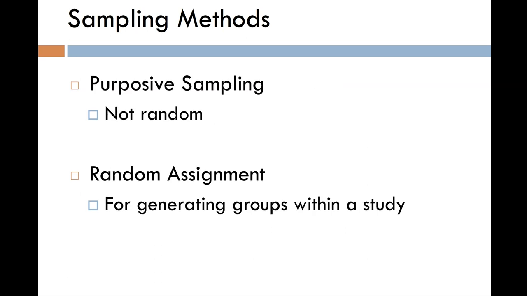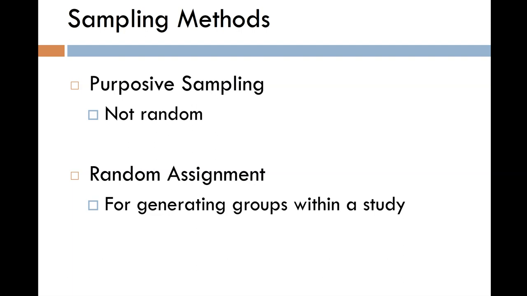So the last 2 things we're going to talk about, number 1 is purposive sampling, which is not randomized. So this is what we were talking about when we were talking about qualitative research, right? So this is where you want to study 10 adults with autism and what it's like to have autism and to be a lawyer. Let's say you want to get 10 lawyers who have autism, right?